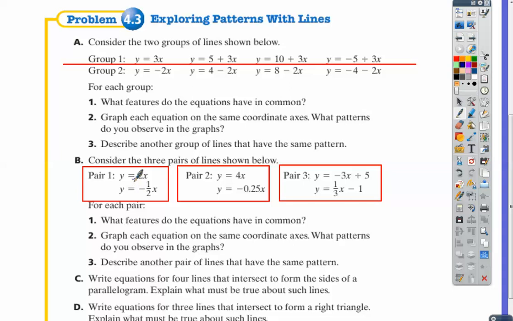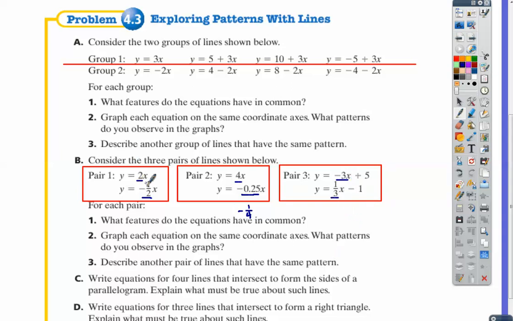Well, in pair 1, we had a slope of 2 and negative 1/2. In pair 2, we have a slope of 4 and negative 1/4. For pair 3, we have a slope of negative 3 and positive 1/3.